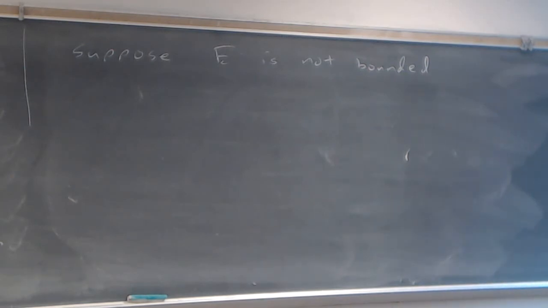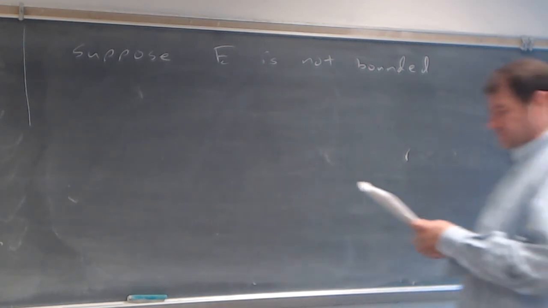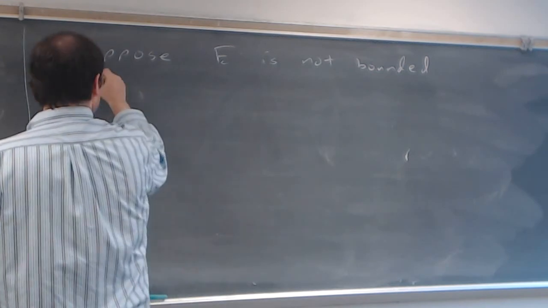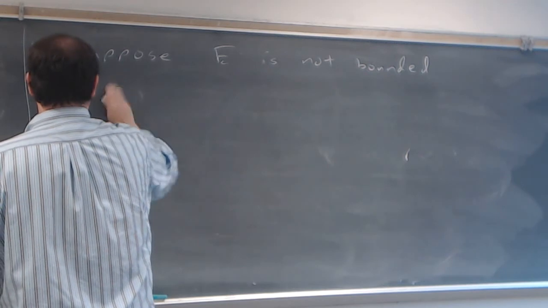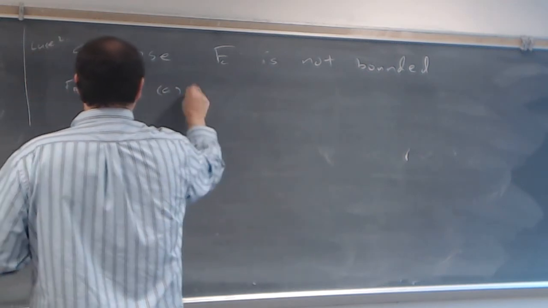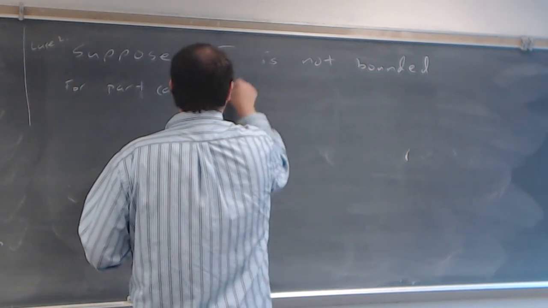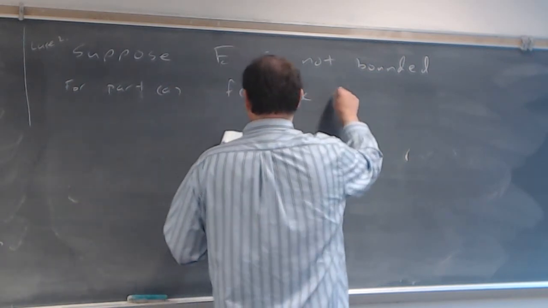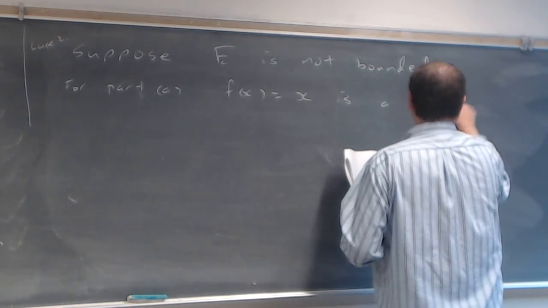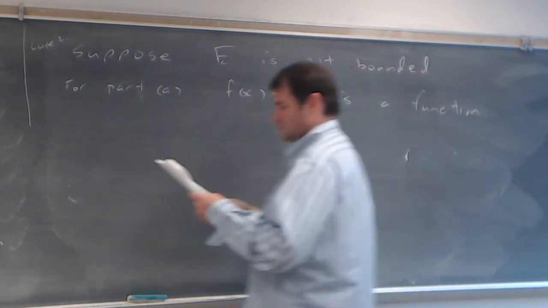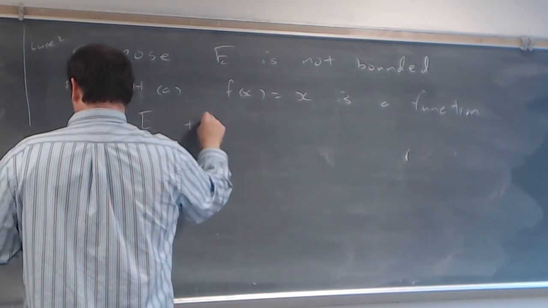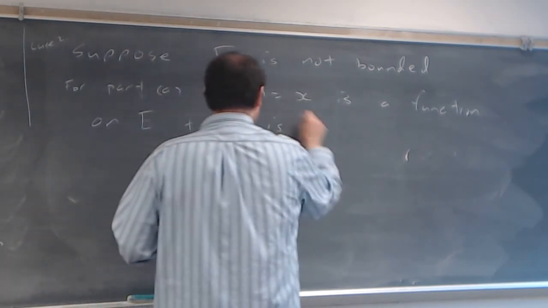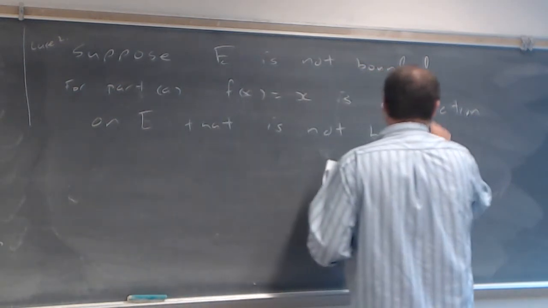And part A was we were going to show that there was some continuous function that's not bounded on E. And so here, for part A, this is case 2. f of x equal to x is a function on E that is not bounded, as E is not bounded.